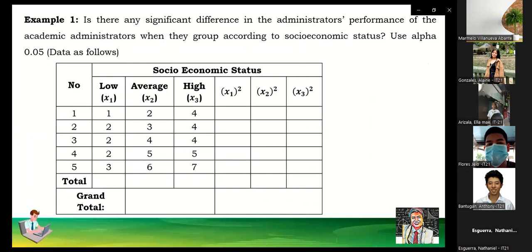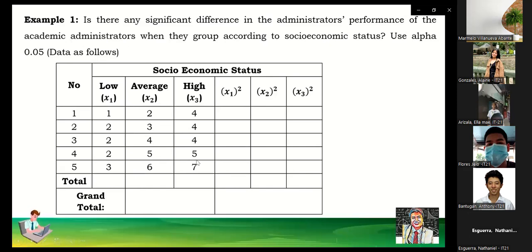Based on the table we will use, 0.05 is the alpha. And then, this is the data. Among our academic administrators, the socioeconomic status is low, average, and high. These are the data, which are their administrator's performance.